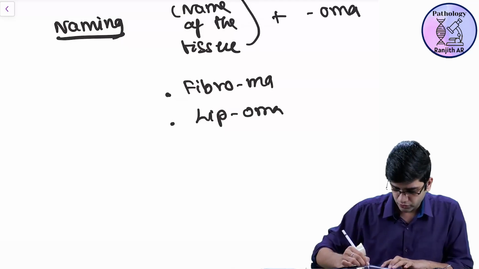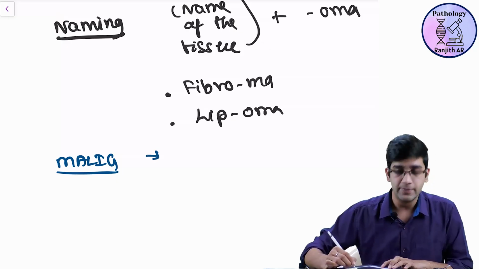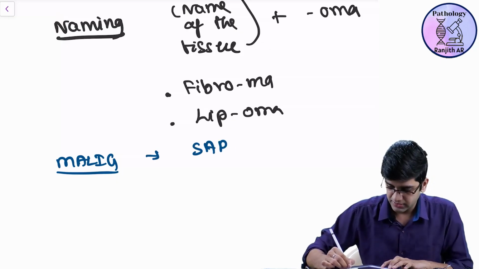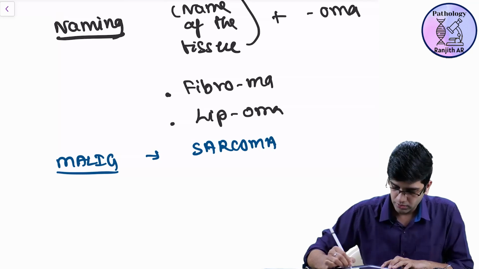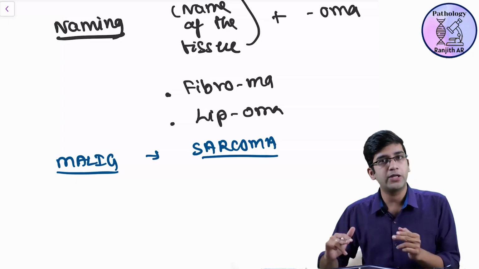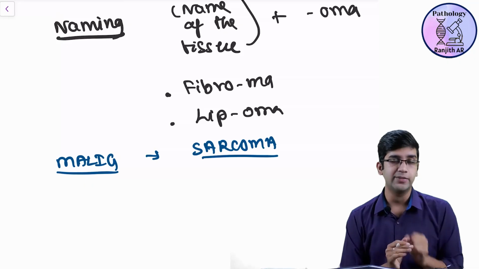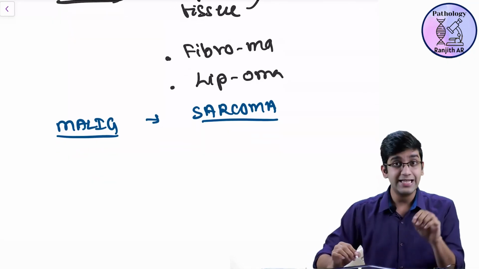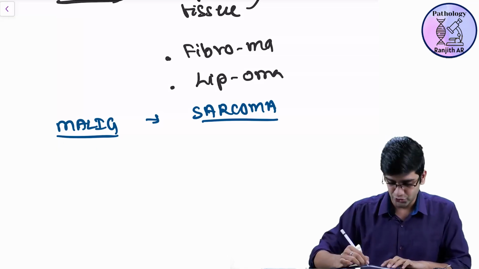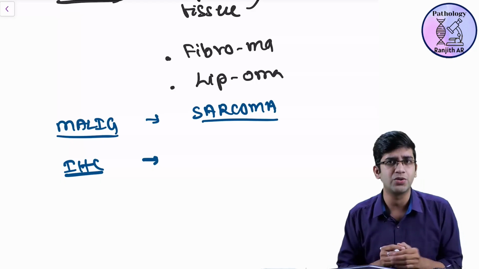And obviously we'll need it for malignancy as well. If I'm going to have something malignant in a mesenchymal tissue, I use the suffix sarcoma. Fibrosarcoma, liposarcoma, leiomyosarcoma, right? All those things are for that. Fine? Again, a terminology. So when I said one marker for epithelial tissue, obviously your mind should say, tell me what is the marker for mesenchymal tissue.